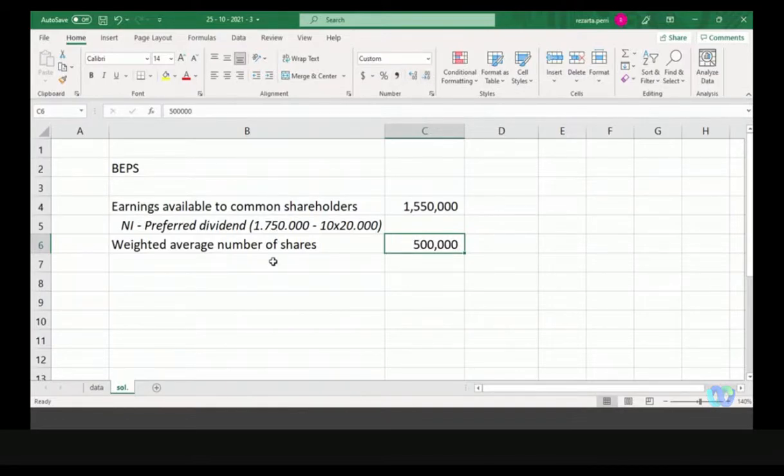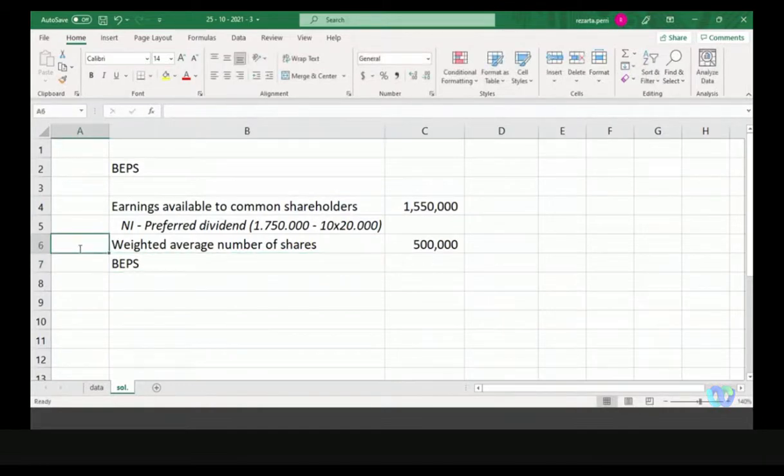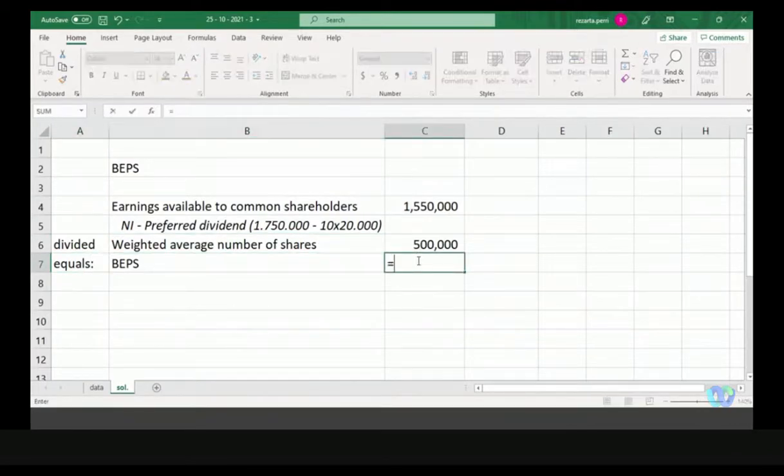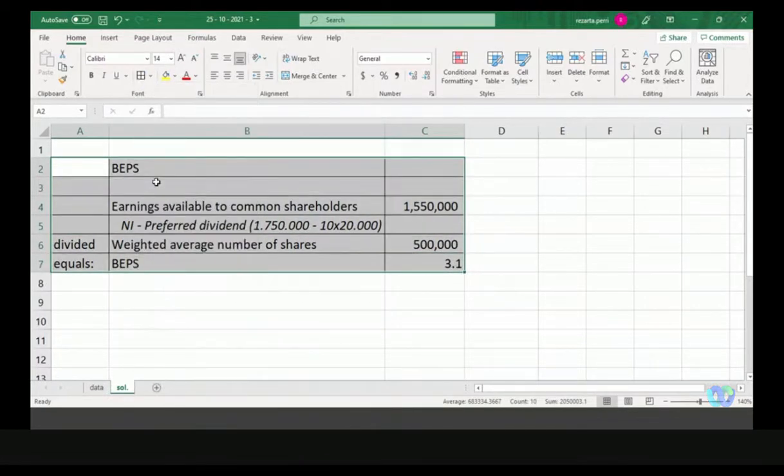So again, the basic earnings per share is the ratio between both. So finally, the basic earnings per share is equal to 3.1. Again, let's represent this in the form of a mini table.